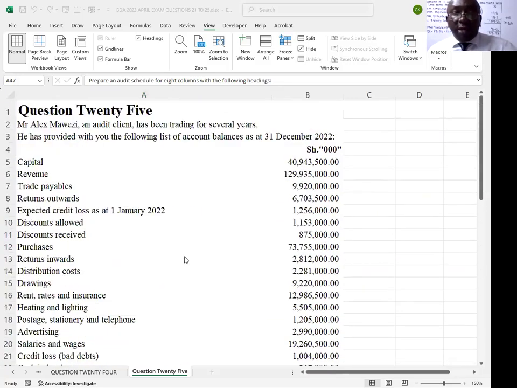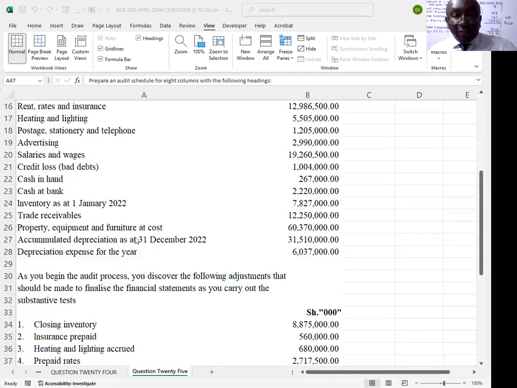We can begin question number 25, which says that Mr. Alex Mawezi, an audit client, has been trading for several years. He has provided you with the following list of account balances as at the 1st of December 2022. So we are given all this.